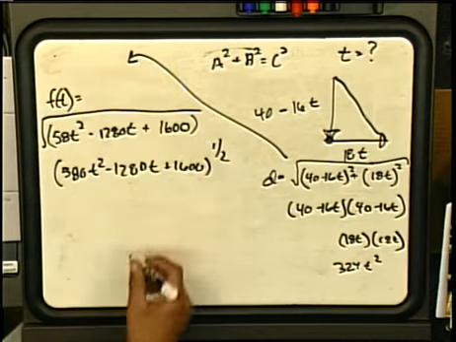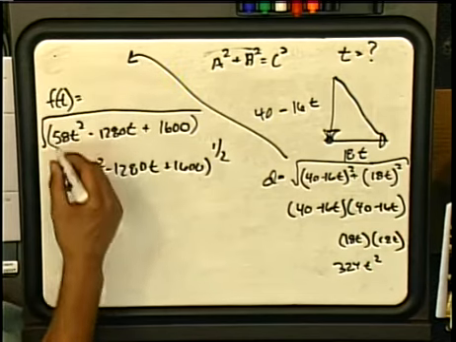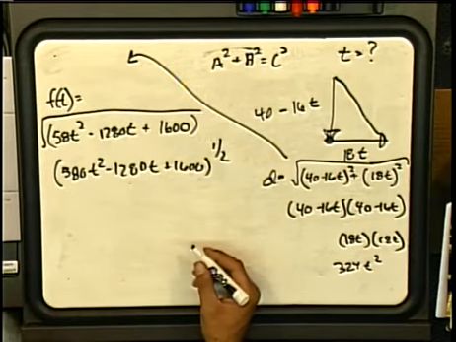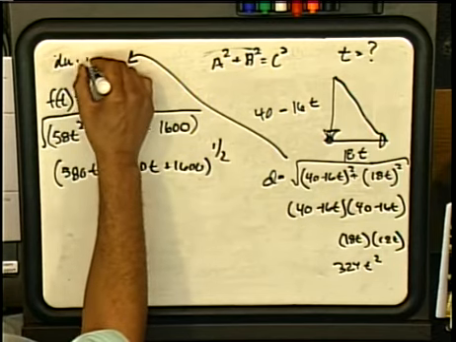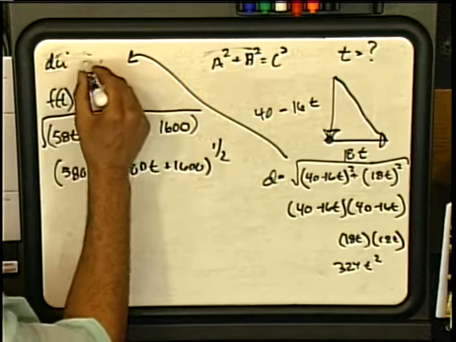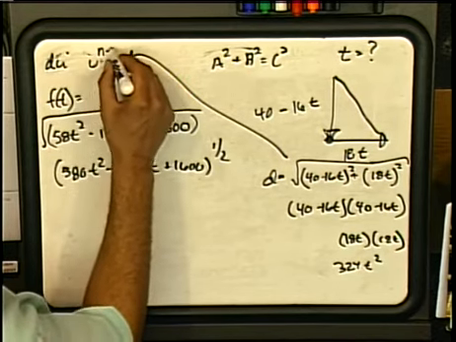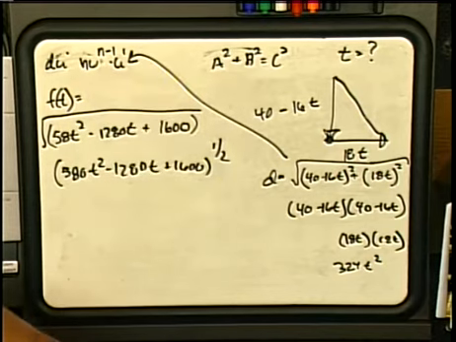The chain rule. The derivative of u to the n equals n times u to the n minus 1 times u prime.